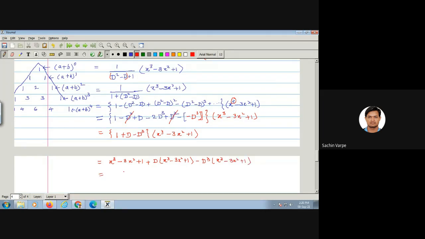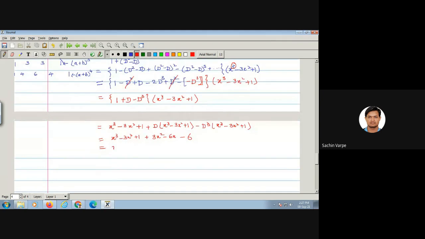So that is equal to x cube minus 3x square plus 1 plus, what is the derivative of this? 3x square minus 6x, minus, what is D cube? It is 6x minus 6. So D cube is 6, I think, right? 6, yes.